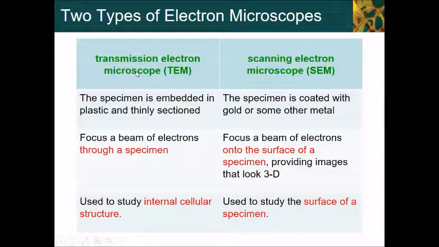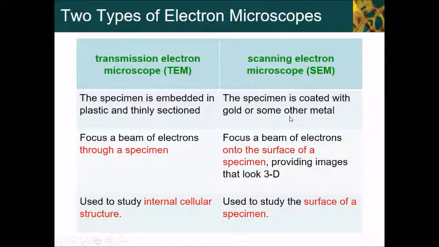For the transmission electron microscope, or TEM, the specimen is embedded in plastic and thinly sectioned. Meanwhile, the specimen in SEM is coated with gold or some other metal. In TEM, the electron beam is focused through the specimen.